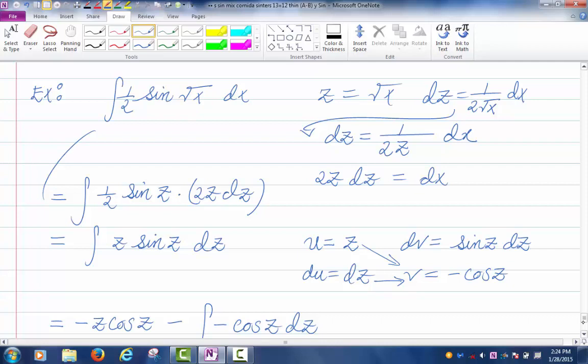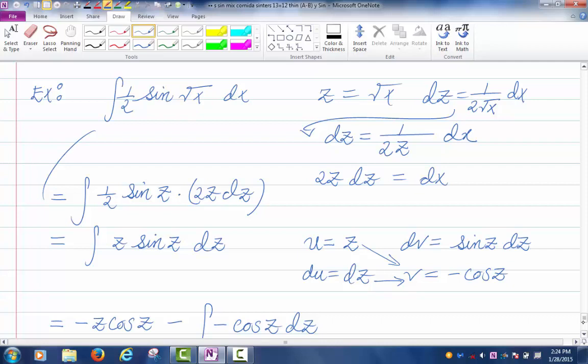Now, this problem will not work out if, instead of root x, I have something else, say x squared. Whatever we did for this problem is not going to work out. Does that make sense? I cannot find the integral of sine of x squared the way we did this.